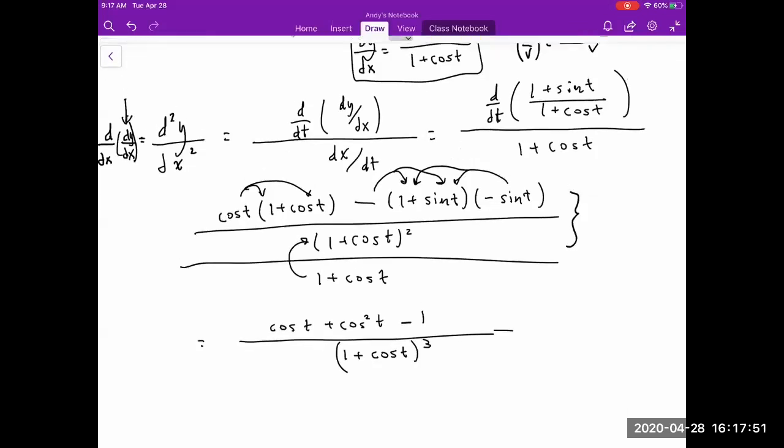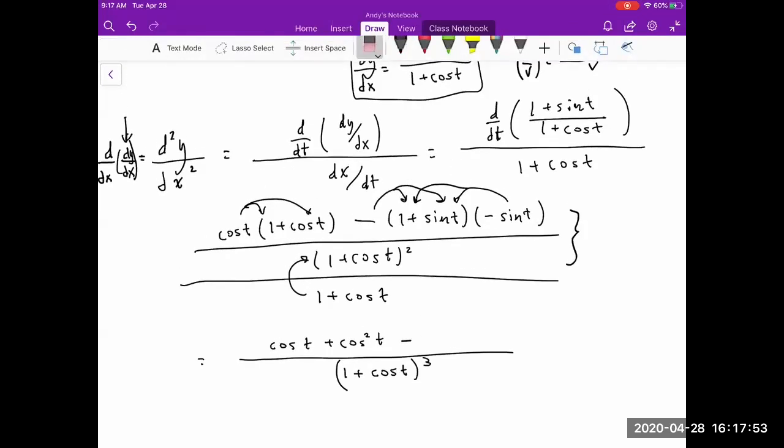Let me say that again. We have negative sine of t times 1 is negative sine t, but then distributing the negative leaves us with positive sine of t. In fact, you can just see it like this. The double negative makes it positive. So we don't even need to worry about the sign. That may be a better way of seeing what I'm trying to justify here. So then we get plus sine squared of t.